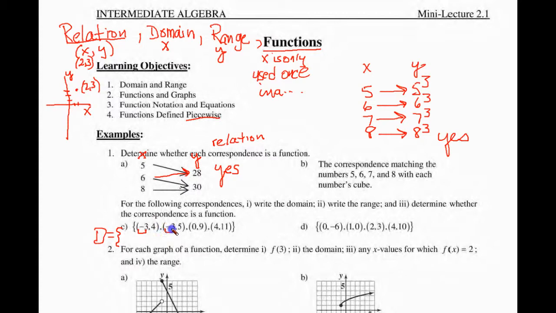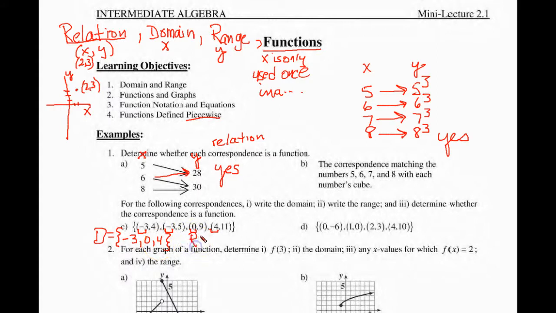Now, if something is repeated as it is here, you only write it once, 0 and 4, and you separate them by commas. Let me write it out anyway. That would be the domain.